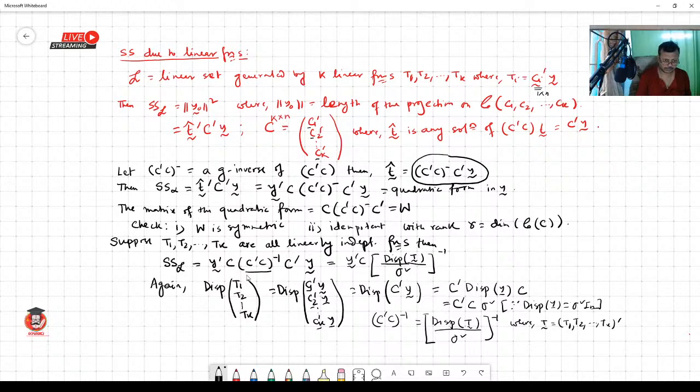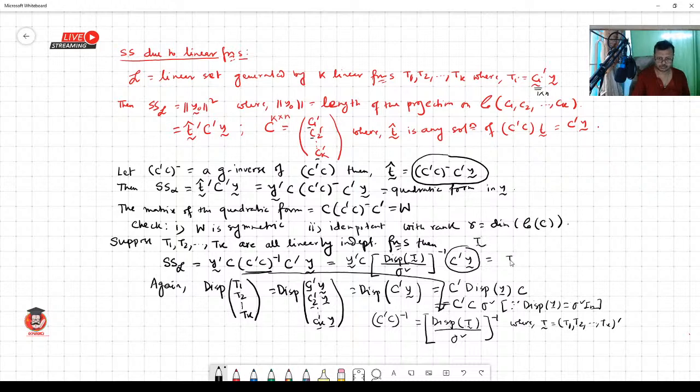So we replace this C prime C inverse by this dispersion of T curl by sigma square whole inverse into C prime y curl. Again, this C prime y curl is nothing but T curl.